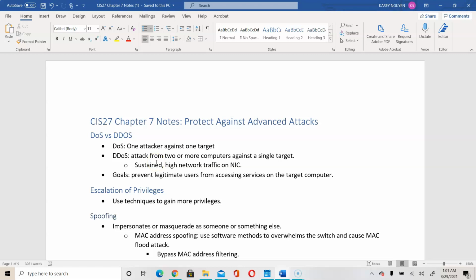Last week we talked about how an attacker can use bots, or they can utilize zombies, actually, which are computer systems that they can take over by using social engineering, and they would use those zombies to attack a single target.